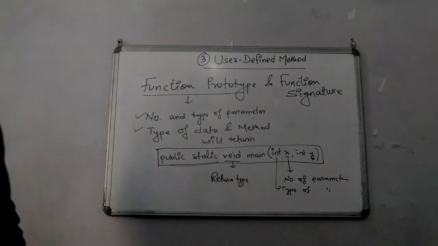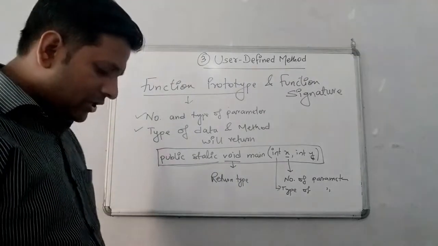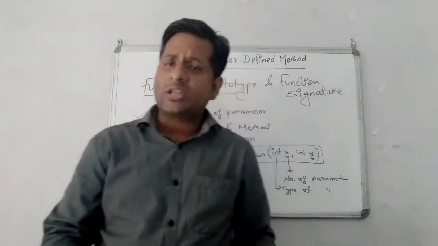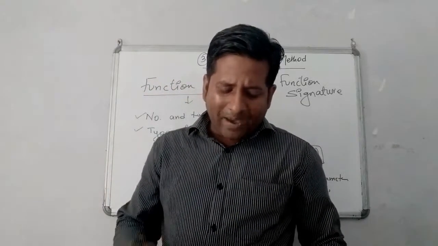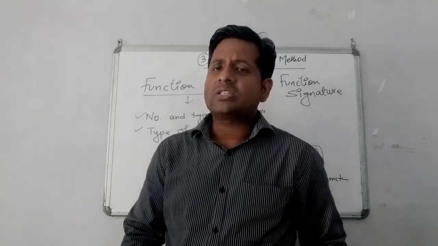The second part, children, is function signature. Now what is function signature? Let us see this also. The list of parameters along with their data types is called the method signature.